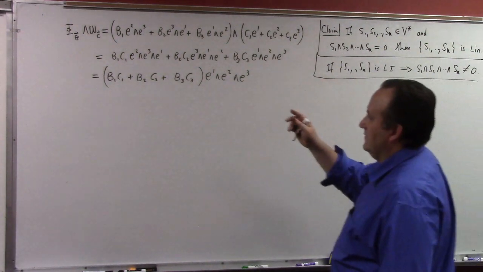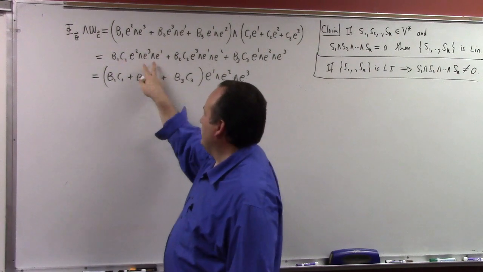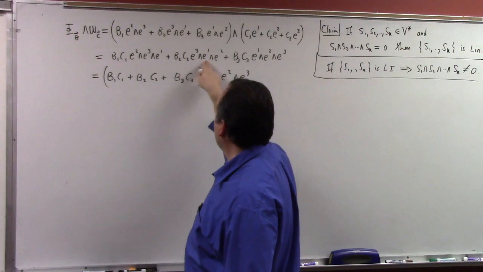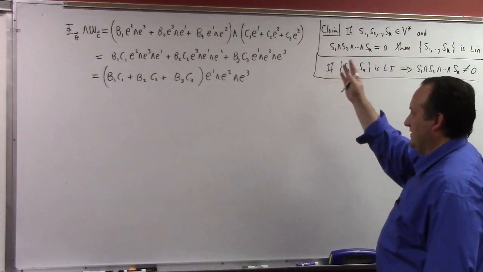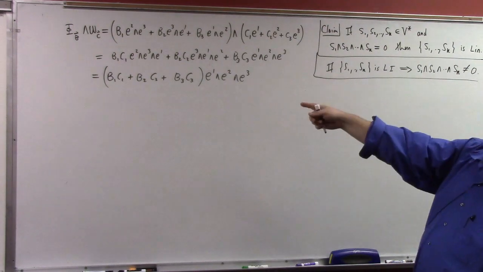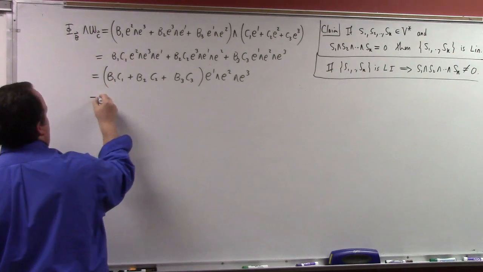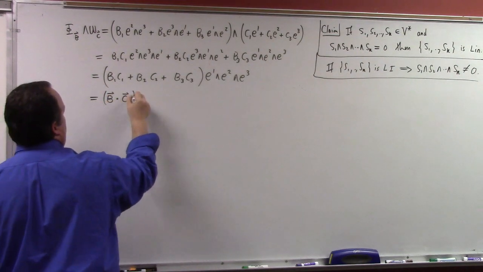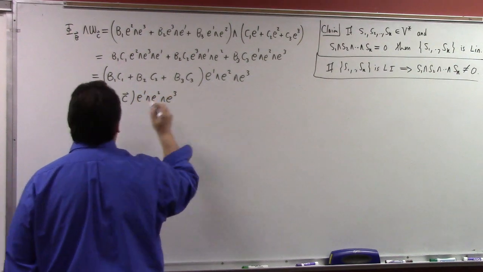Yeah, I have to do 2 transpositions, so minus, and then another minus is plus, and here I have to move it 2 spots over, so each time I move it twice, so it's a plus, and the last one's already what it needs to be. But what is that? Well, that's the dot product, that's B dot C, right? E1 wedge E2 wedge E3.